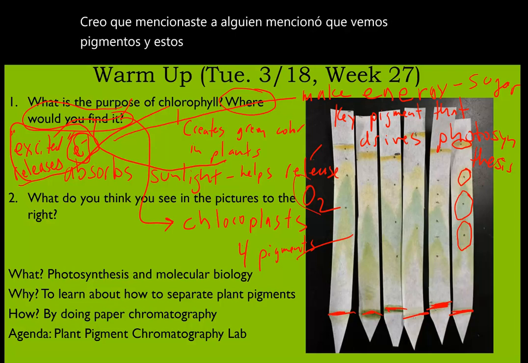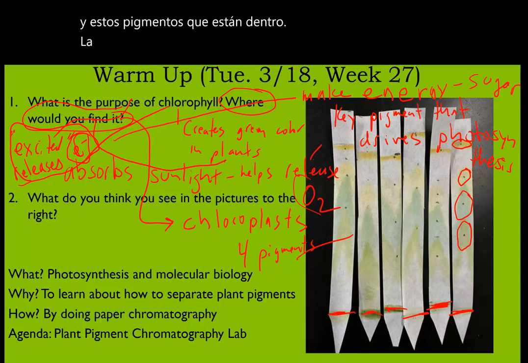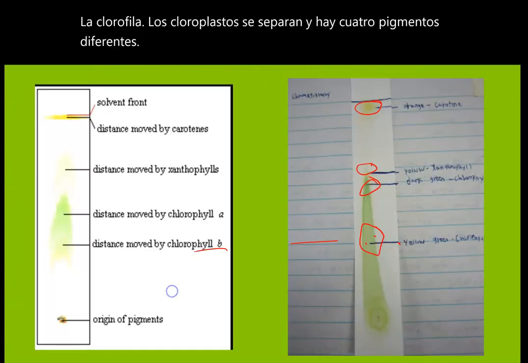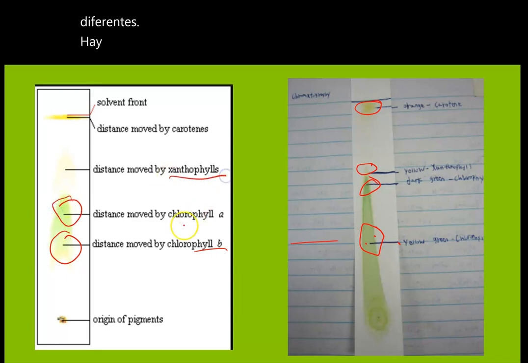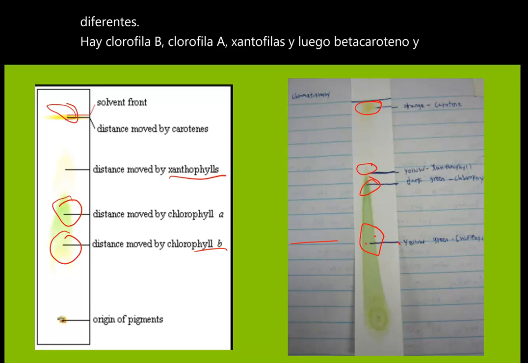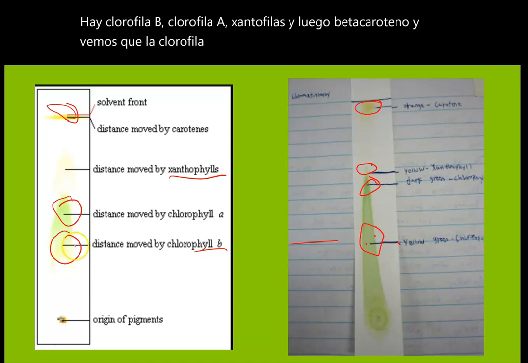And in this picture, I think somebody mentioned that we see pigments, and these pigments that are in the chloroplast get separated. And there's 4 different pigments. There is chlorophyll B, chlorophyll A, xanthophylls, and then beta carotenes. We see the chlorophyll B kind of has an olive green color.